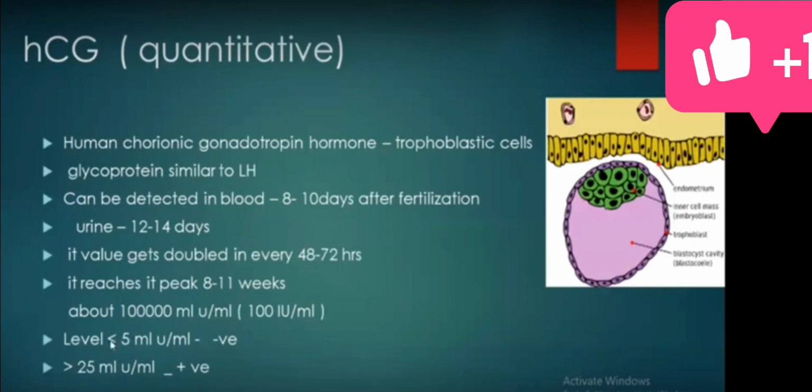Less than 5 means negative. How is this 5 unit present in the blood? Normally our body produces beta HCG hormone in trace amounts, like from the pituitary gland or even from the liver. So a value greater than 25 is considered pregnancy positive.